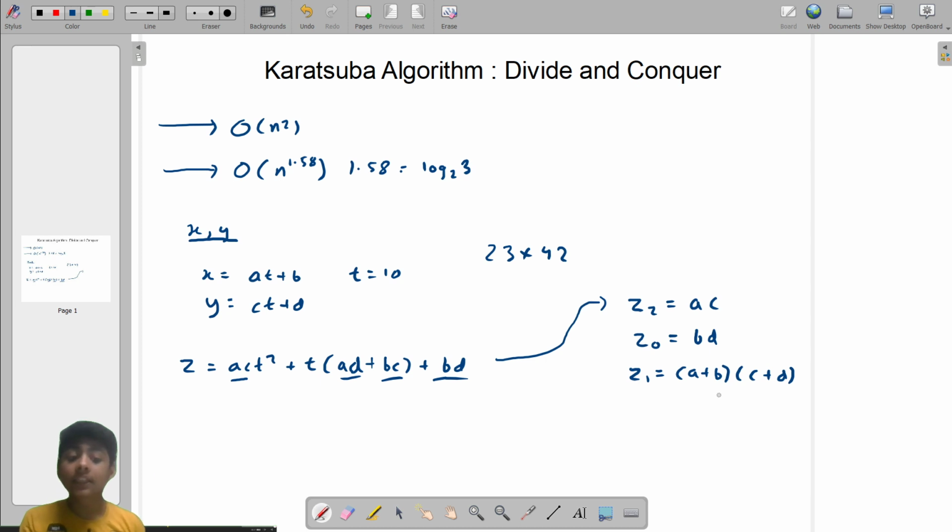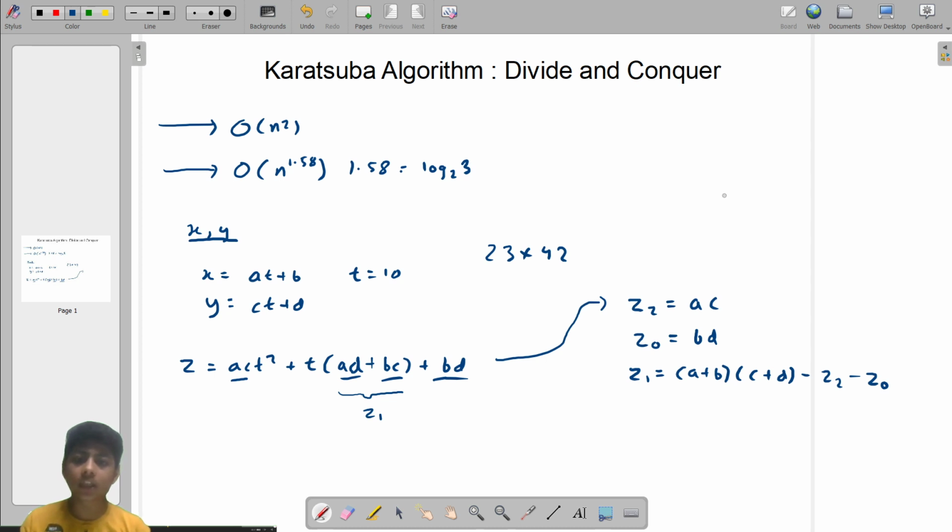If I multiply these both quantities with each other and subtract z2 and z0, you will get back ad plus bc. I know that this complete term is equal to z1, and this term is also equivalent to z1, because the waste terms ac and bd will be cancelled by z2 and z0. So we could actually perform it in three multiplications.